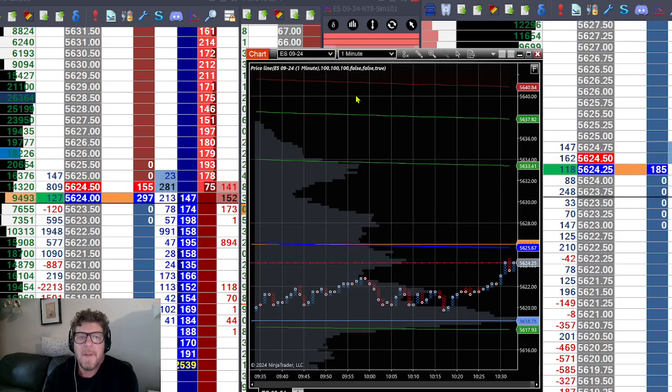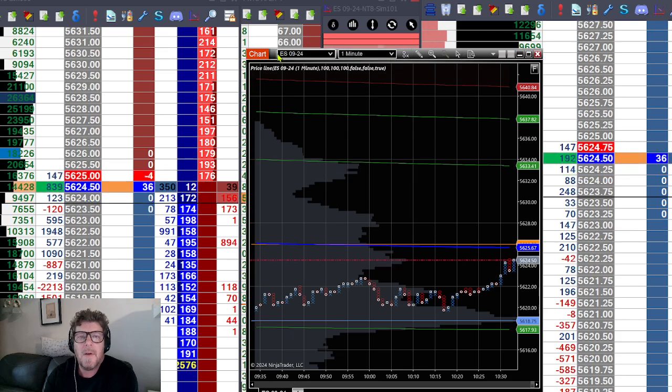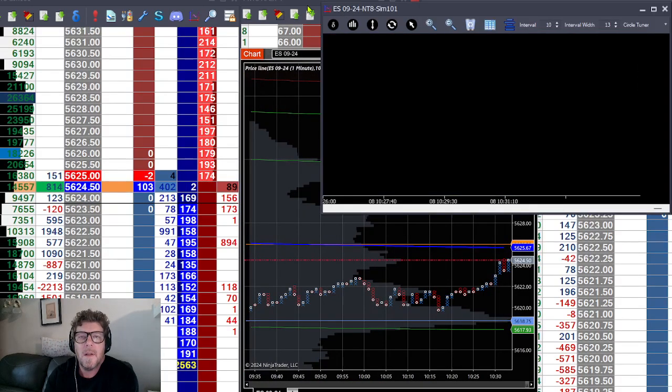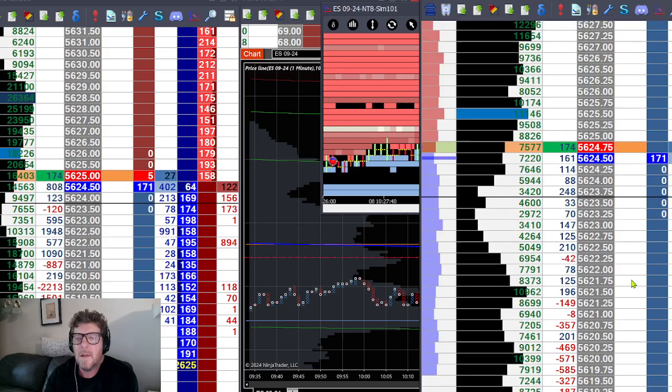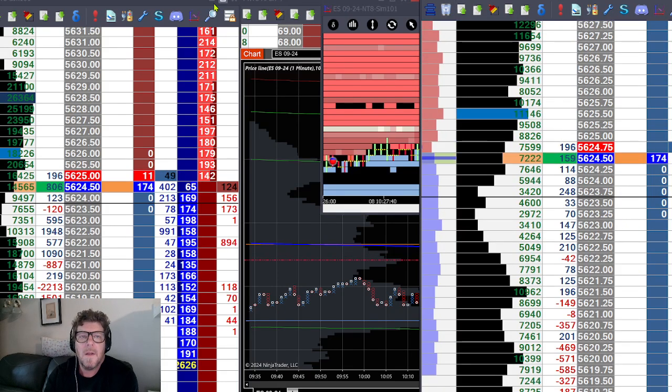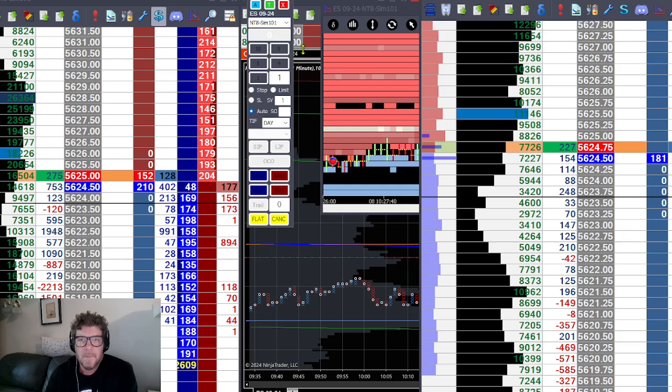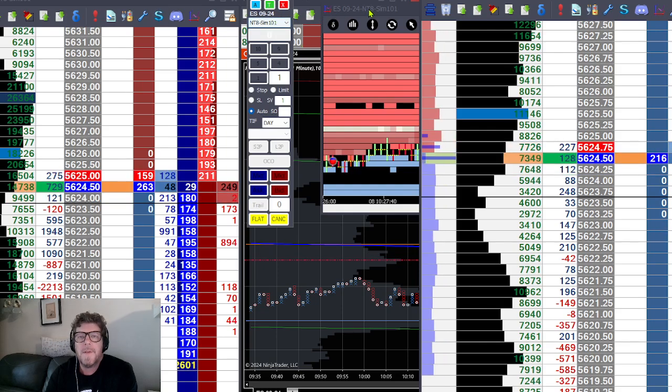See if we can get rid of some of this junk that's in the middle. Just going to add the order boxes in. Slide that over here.